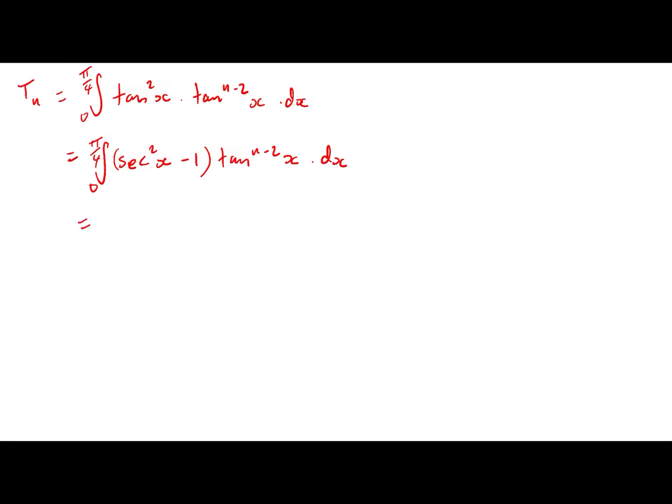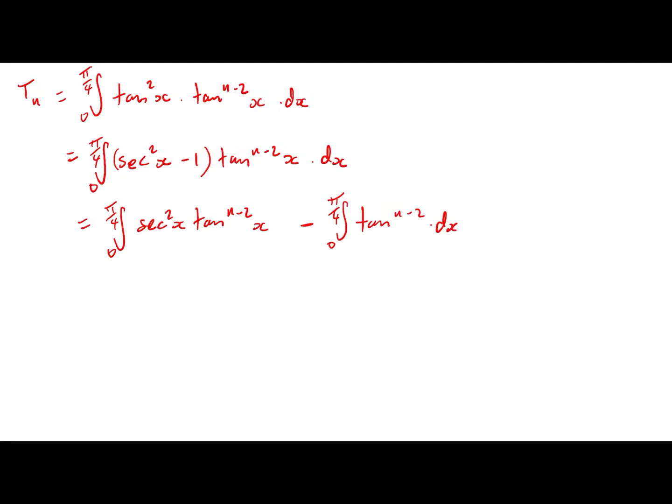Okay, which equals the integral between pi over 4 and 0 of sec squared x tan to the power of n minus 2 x, minus also the integral between there of tan to the power of n minus 2 x.